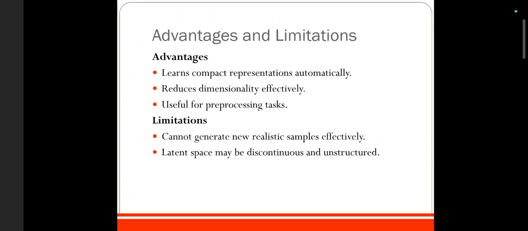However, there are some limitations. Traditional autoencoders cannot generate completely new realistic samples as effectively as models like variational autoencoders or generative adversarial networks. Another limitation is that the latent space may not always be structured, making interpretation and generation difficult.